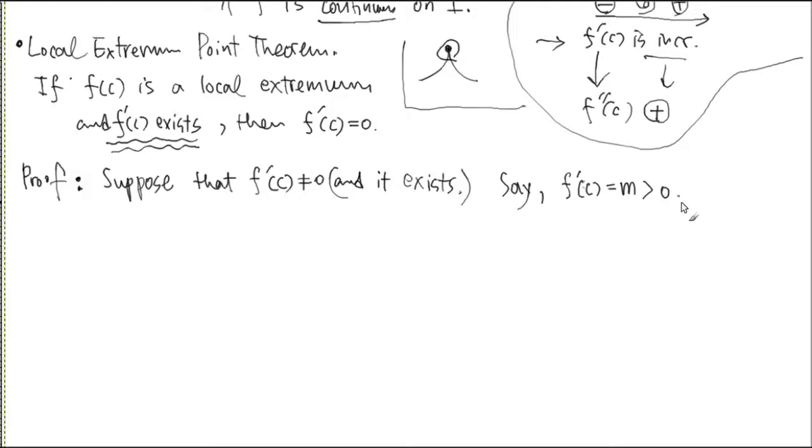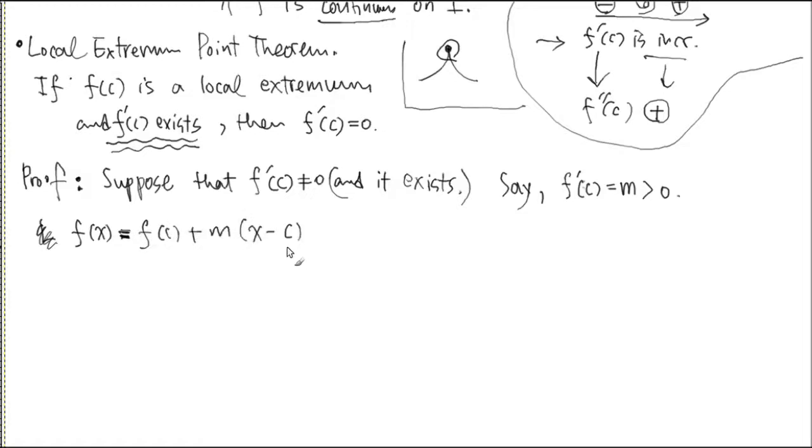You repeat the same argument I'm about to do exactly with it negative, but there's not much different. It's just a little doodling, and that's it. Right? So here, let f of c, m times x minus c.